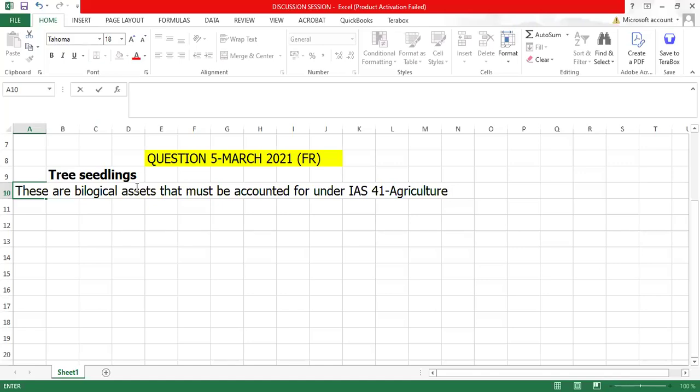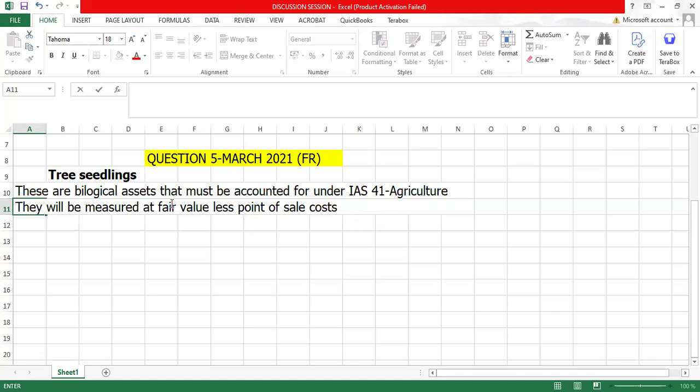So they will be measured at fair value less point of sale costs. Here, we mean at the point when they are ready for harvest.